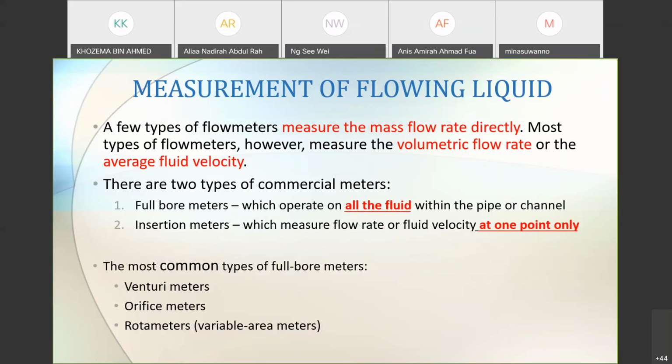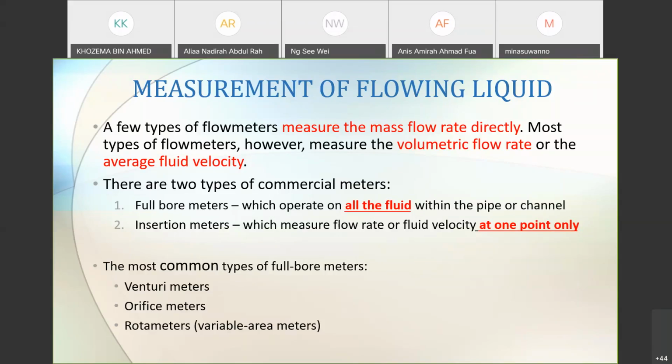Full bore meters are defined as meters which operate on all the fluid within the pipe or channel, whereas insertion meters are defined as meters which measure the flow rate or fluid velocity at one point only. So these are the two types of meter that we use in industry, and these are the definitions that you must know.